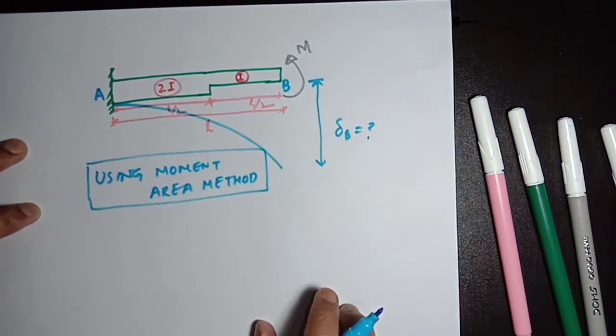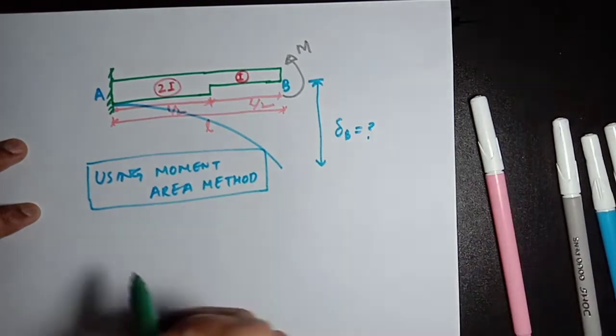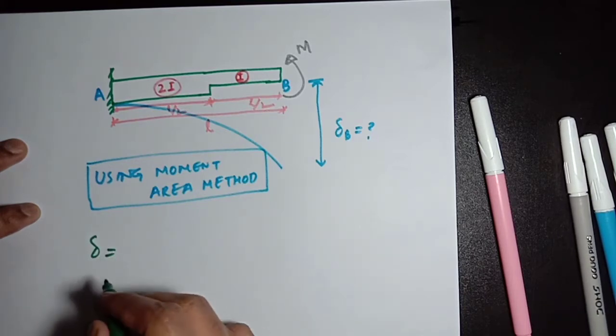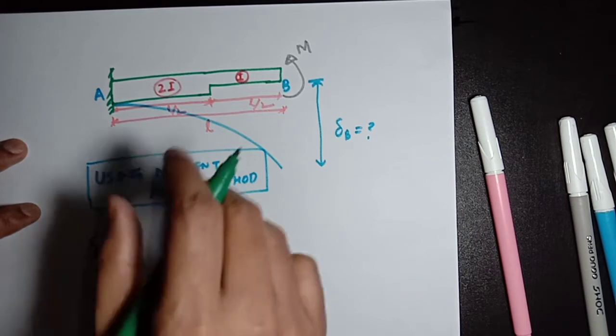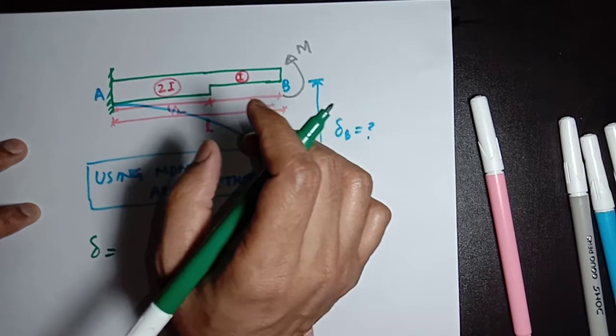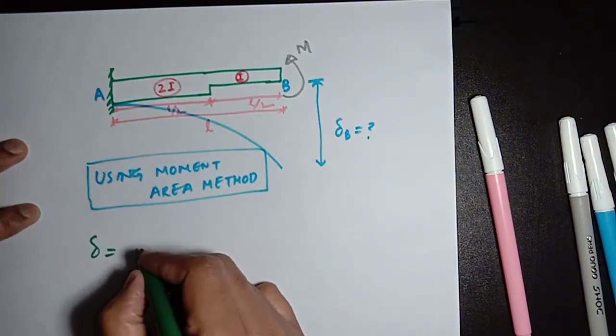Now, as per the concept of the moment area method, deflection is calculated as the multiplication of the bending moment area divided by EI, that is called the M over EI diagram, and its centroid.